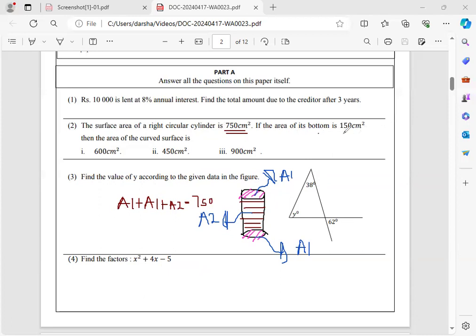They have given the area of its bottom as 150.